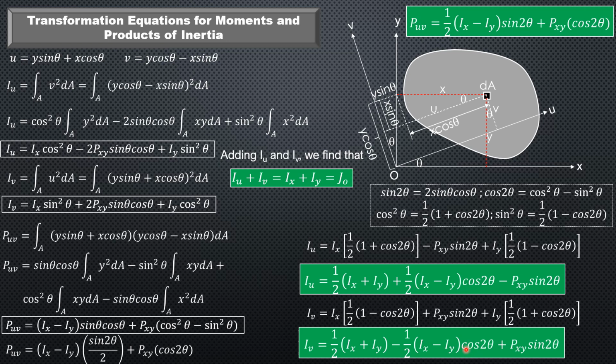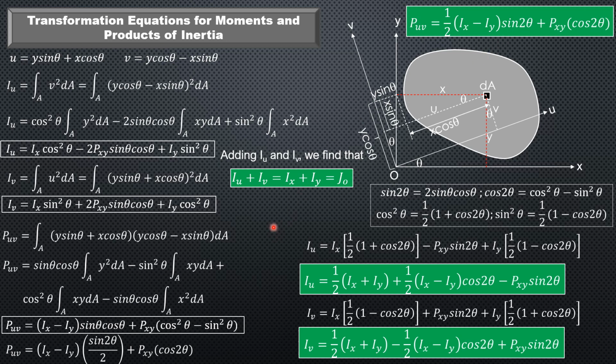So I sub v is 1/2 of Ix plus Iy minus 1/2 of Ix minus Iy quantity cosine 2 theta plus Pxy sine 2 theta, while Puv is 1/2 of quantity Ix minus Iy sine 2 theta plus Pxy cosine 2 theta.